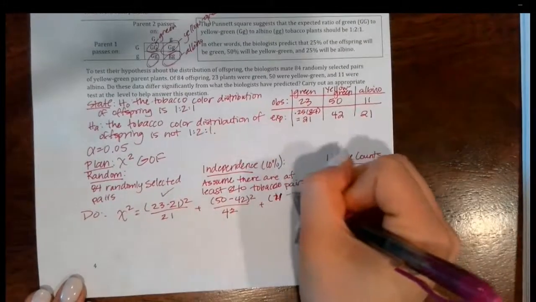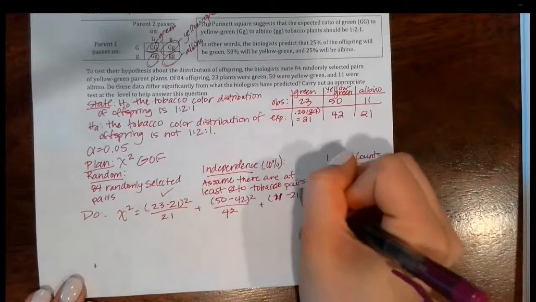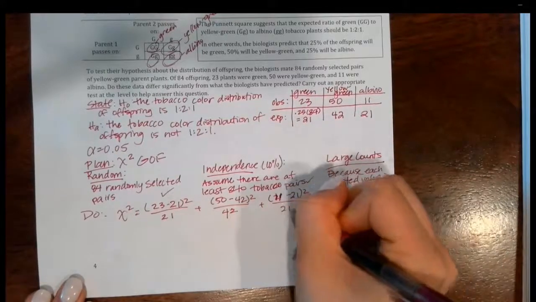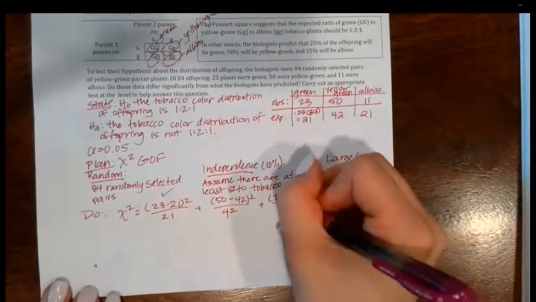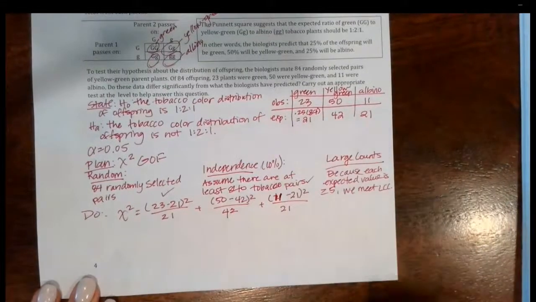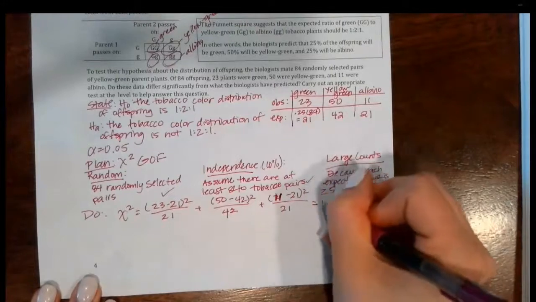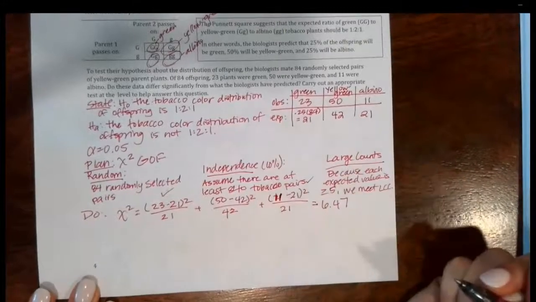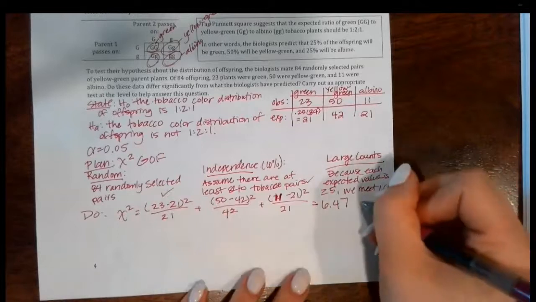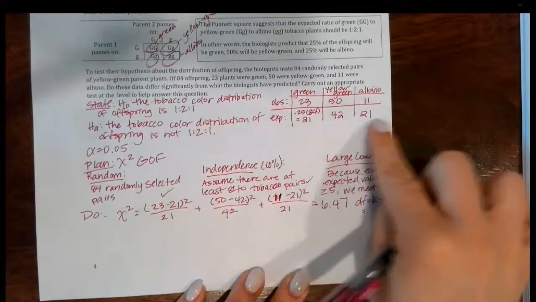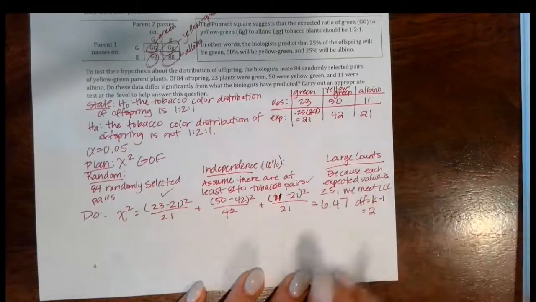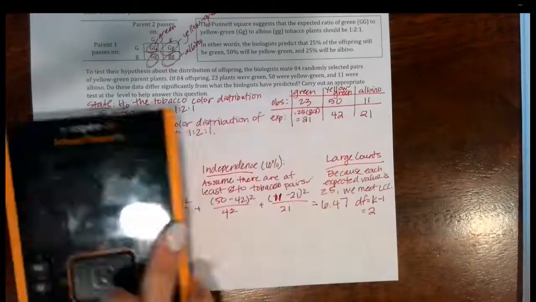It's 11 minus 21 squared over 21, and so on. It doesn't really matter which order you put it in because you're going to square it. So we do all that, and we get that 6.47 is our chi-squared. Now our degrees of freedom is the number of categories, k minus 1, and we have 3 categories, minus 1 is 2. And so we'll type that in on the calculator.